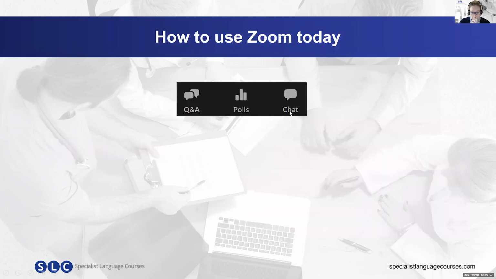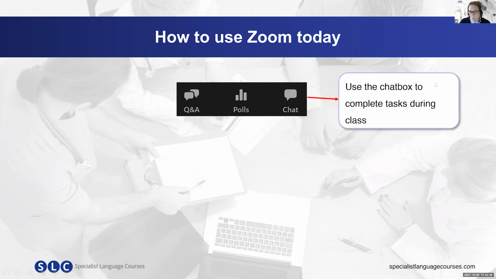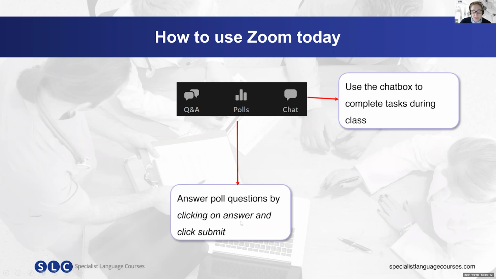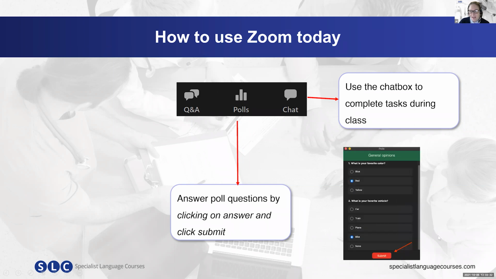Obviously, as you've all found the chat box, we'll be using the chat, polls and Q&A. Chat will be when I ask you some questions and ask you to write in the chat box. The polls are for activities in the class: I'll be asking you some questions and you'll be choosing A, B, or C, then clicking submit.